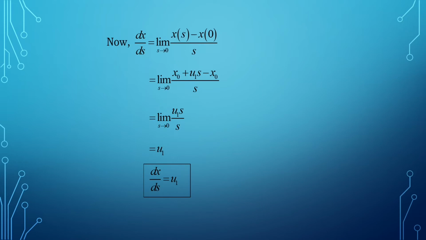To evaluate this, we need to find out the values of dx by ds, dy by ds and dz by ds. Let us find out these values. dx by ds is nothing but the derivative of x of s with respect to s.